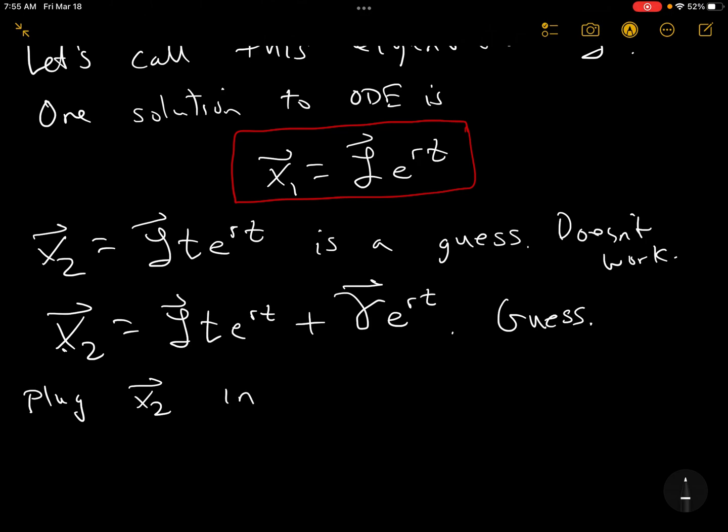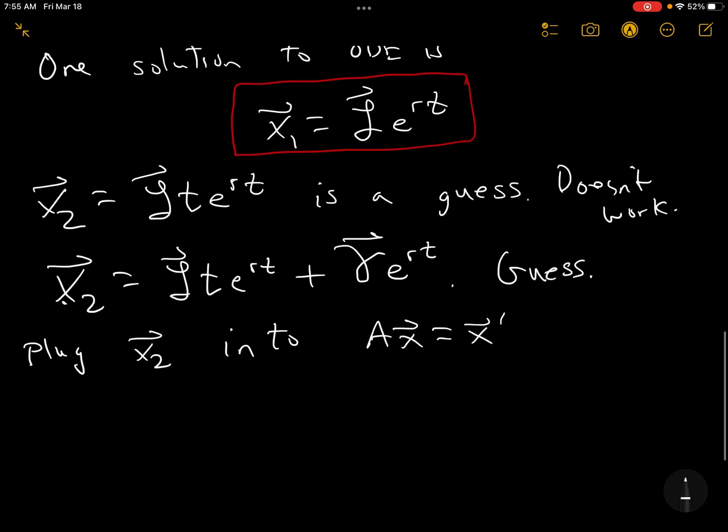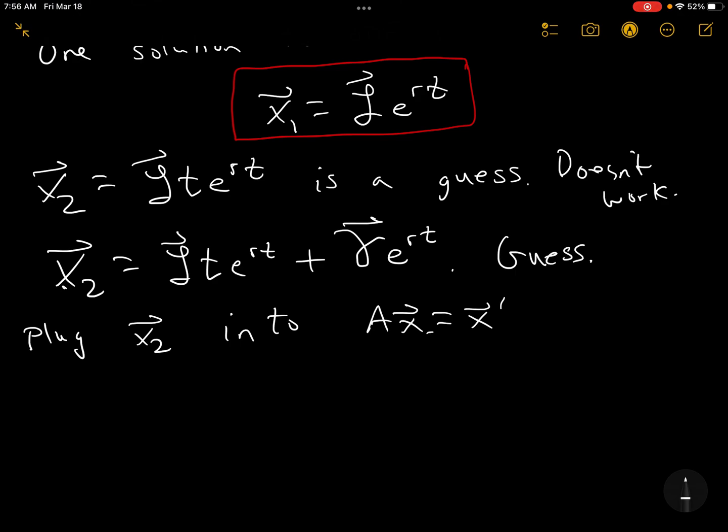Okay. So what we're going to do is something we've done all semester: we're going to plug x2 into our equation Ax equals x prime. To do that, we need the derivative, right? So we have, on the left-hand side, A zeta t e to the RT plus A gamma e to the RT.